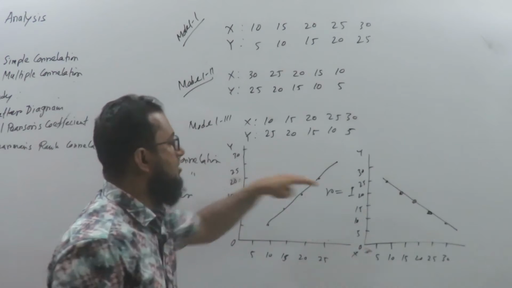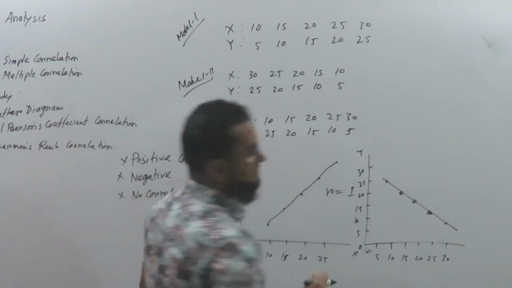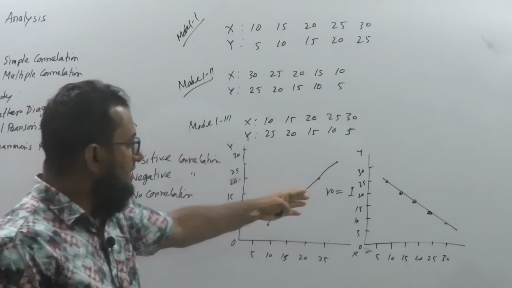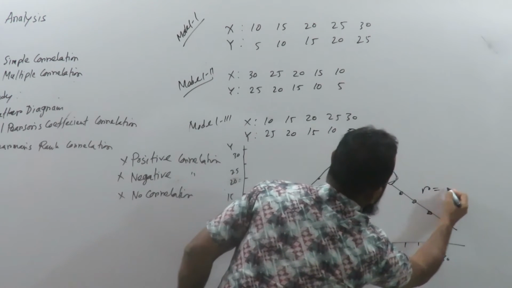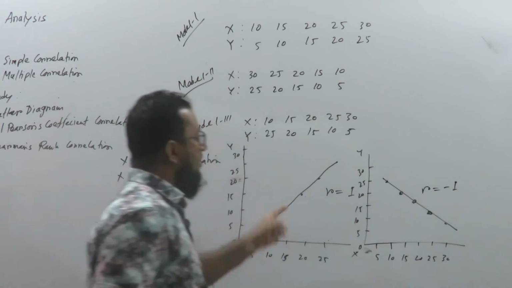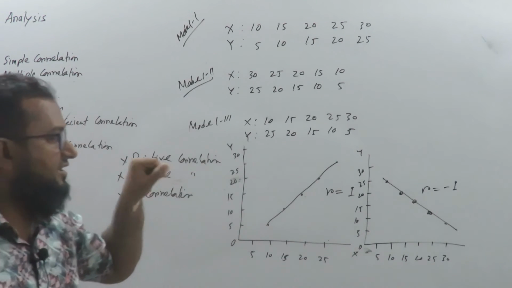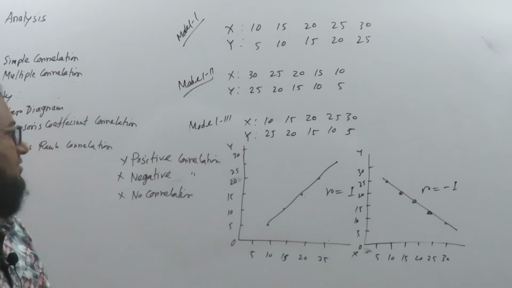This line is downward. This means there is a negative correlation between x and y through the scatter diagram. And you can explain r equal to -1 because all the dots fall on the same line. This is called a perfect negative correlation between x and y.